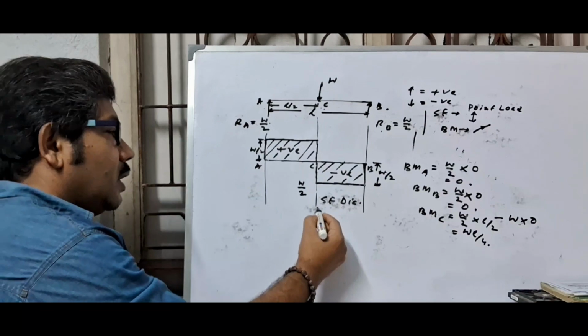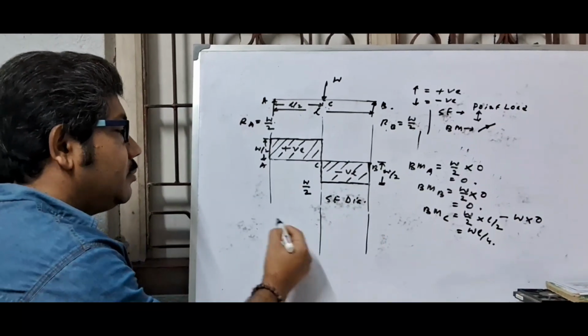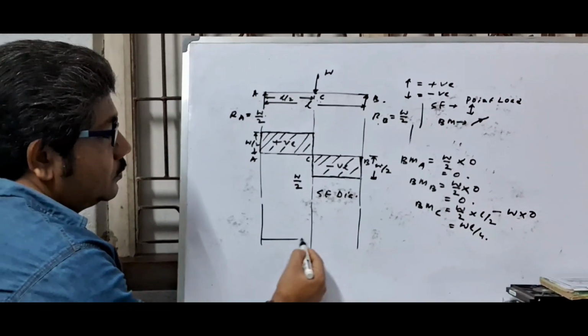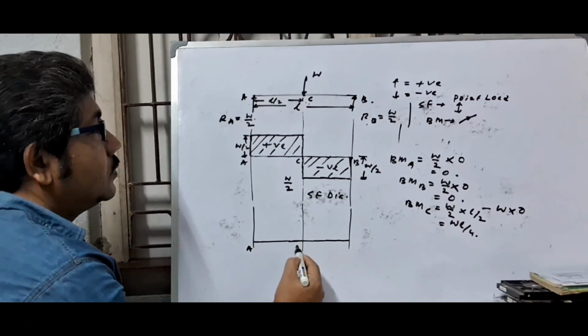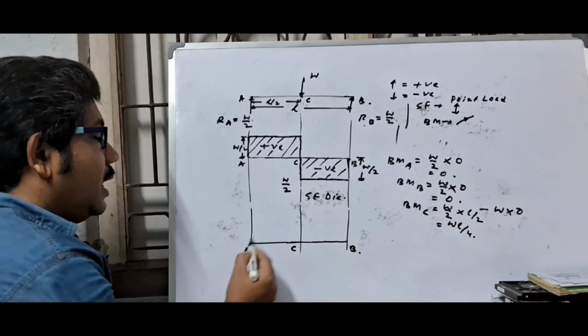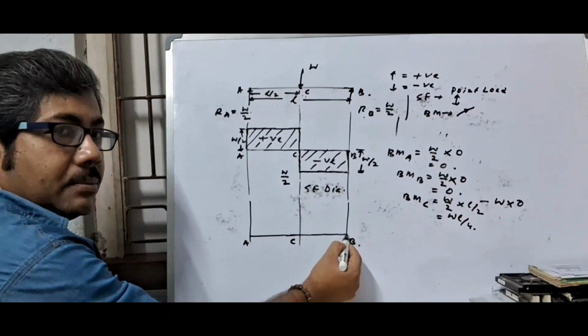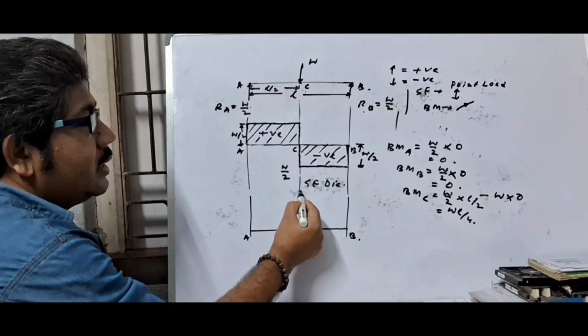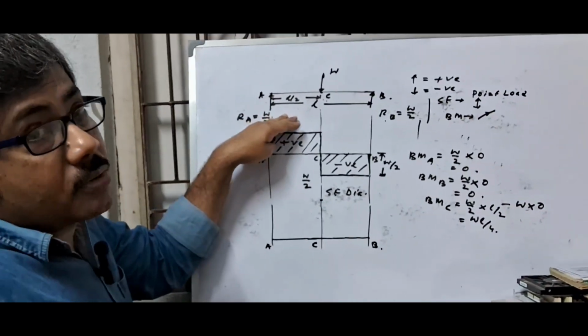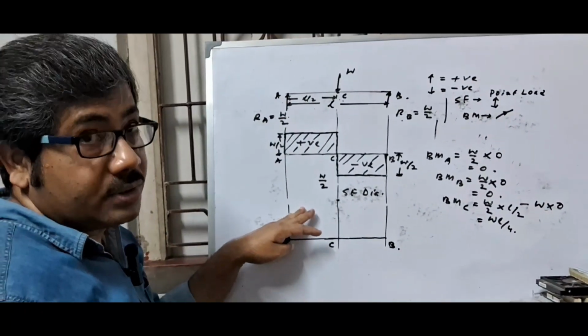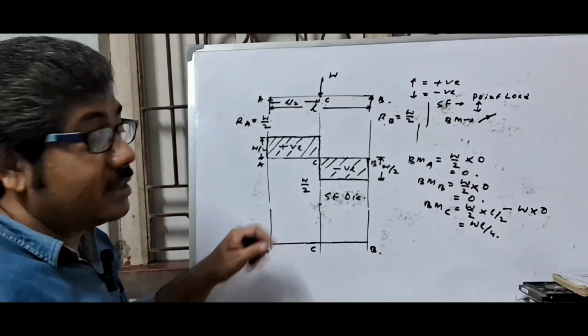Now draw the BM diagram. This is the reference line ACB. At point A this is 0, at point B this is 0, and at point C the value is WL by 4. We know that the BM diagram for a simply supported beam is always positive because this is due to sagging.